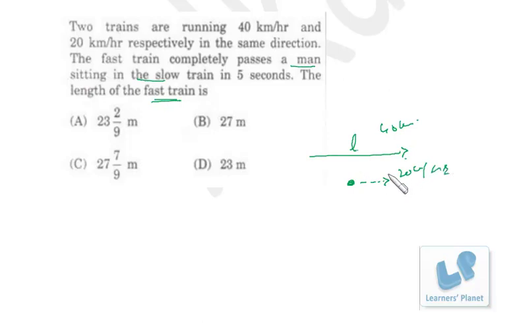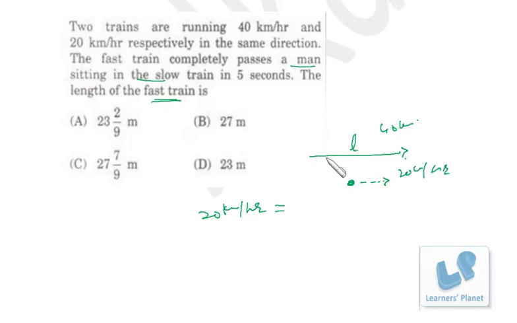Now both of them are moving in the same direction. That means the relative speed will be 20 kilometer per hour, right? Now speed is equal to distance by time. So this is speed. Distance in this case will be nothing but the length of this train, right?